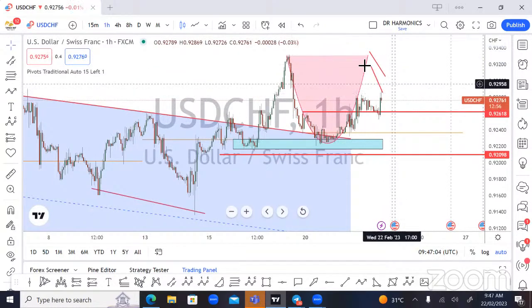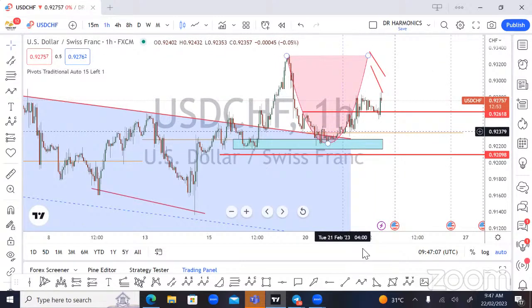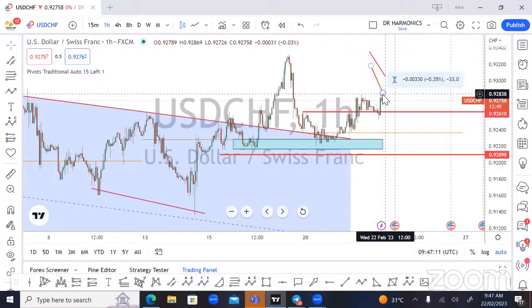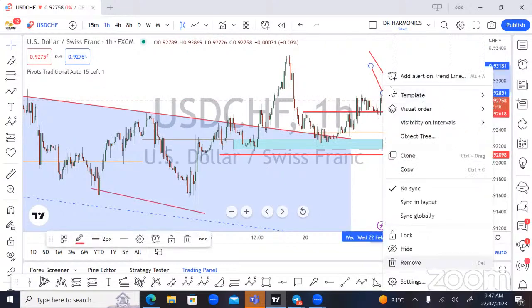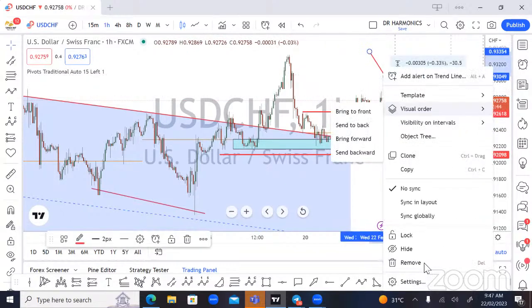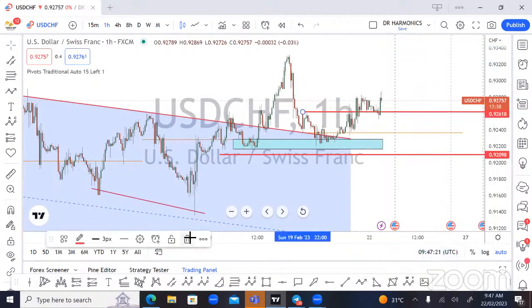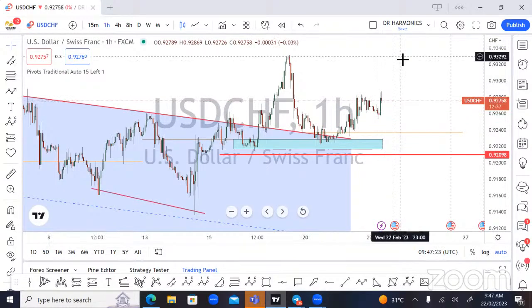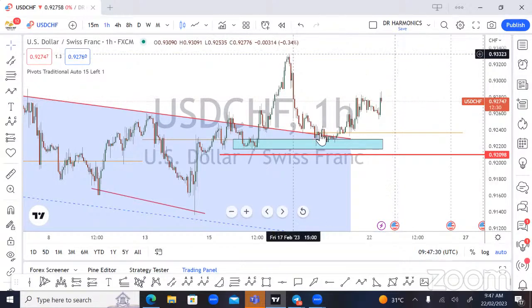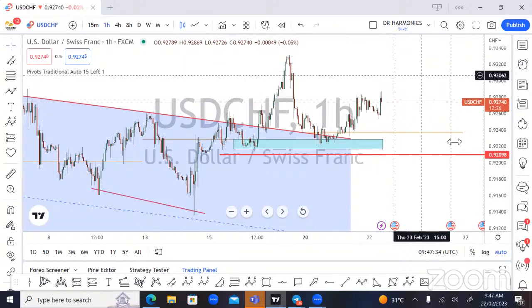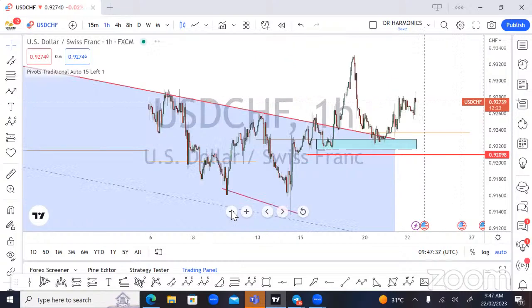So let's anticipate that move. Any pattern can form, but it should be a pattern that takes it to the top. Let's see what happens. It's also not too late. You can still join at least to this level. If the cup and handle forms and moves all the way here, wait for a correction and continue up.